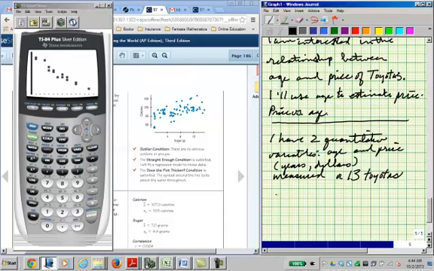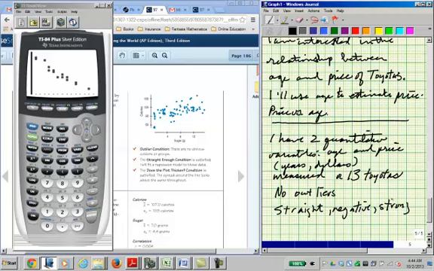No outliers. Is it straight? Well, let's talk about the association. The association is straight, negative, strong, with no outliers.